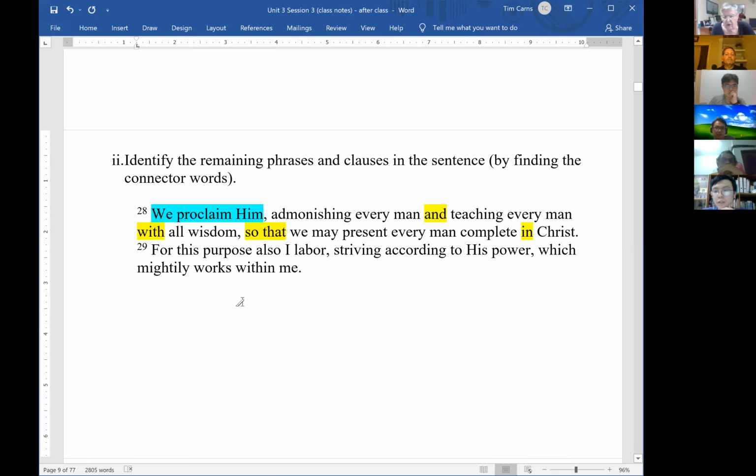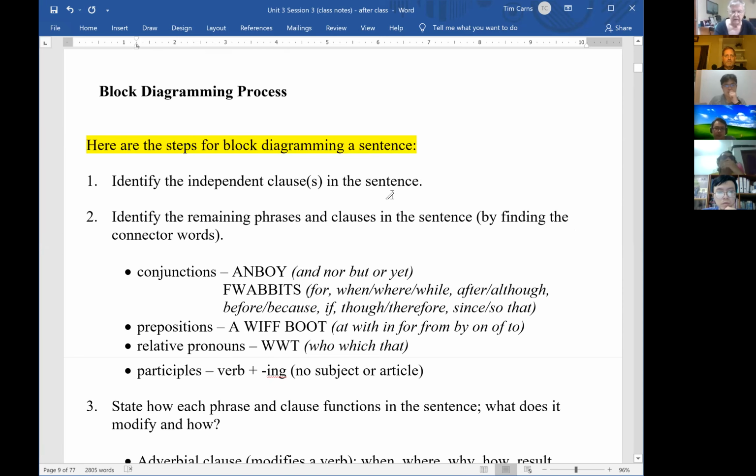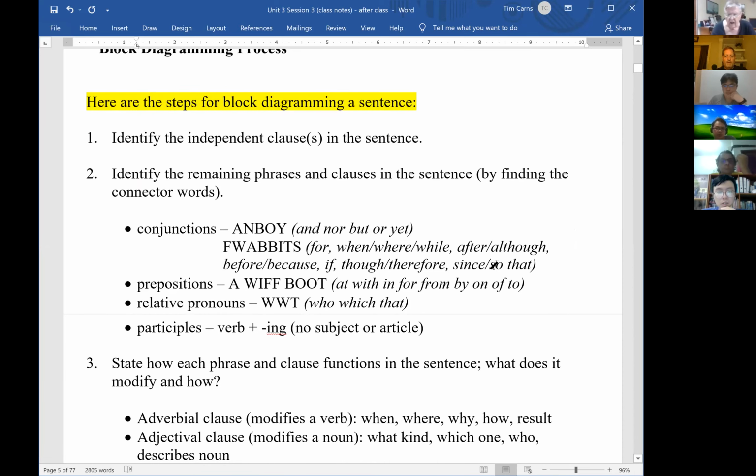So we may present every man. We present every man as, that has to be some kind of phrase. Is so that, let's see, on our conjunction list?